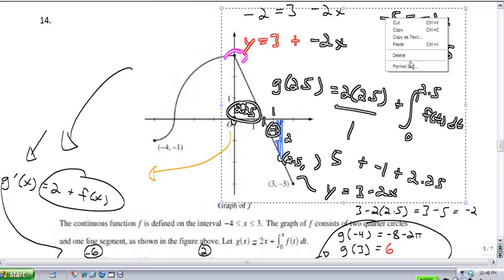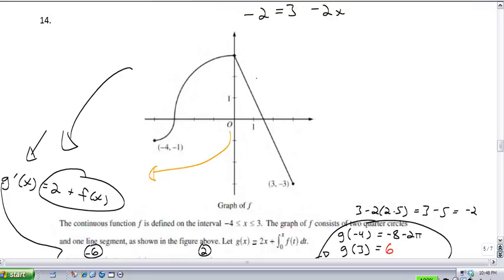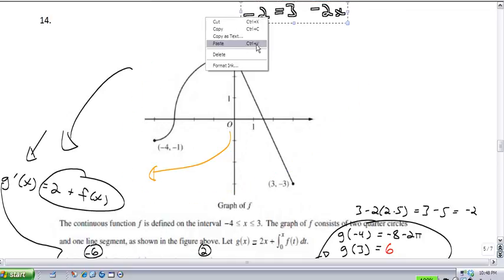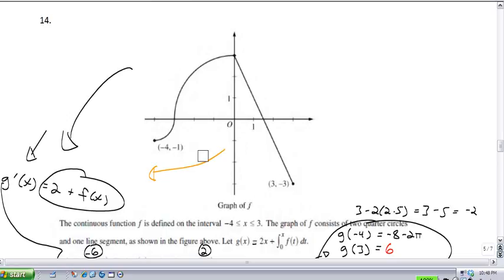Okay, well, f prime crosses the x-axis. You kind of have to talk your way through these ones. Okay, if that's f, where does f prime cross the x-axis?